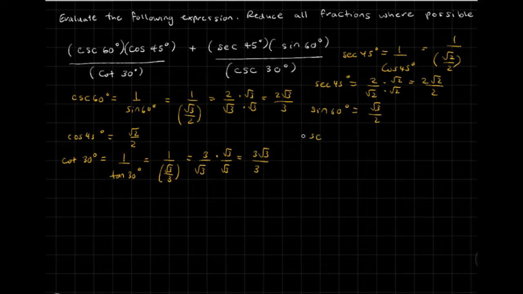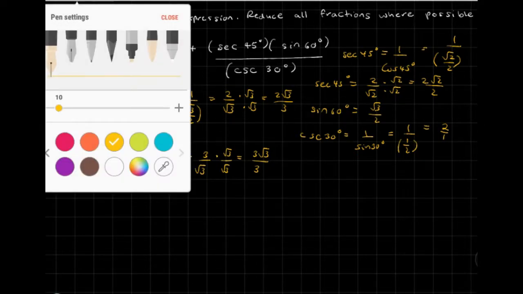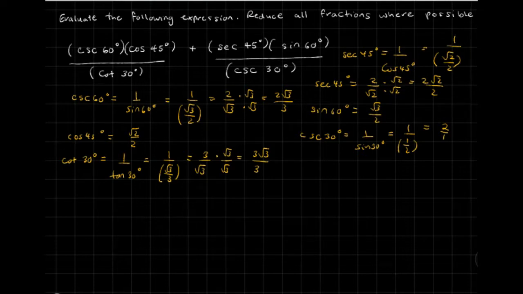And we have cosecant 30 degrees, which is 1 over sine 30 degrees, which is 1 over 1/2, which is basically 2 over 1. Okay, now what I'm going to do here is take all of these simplified values that I looked at and put them back into my expression. So cosecant 60 we calculated was 2 times square root 3 over 3.